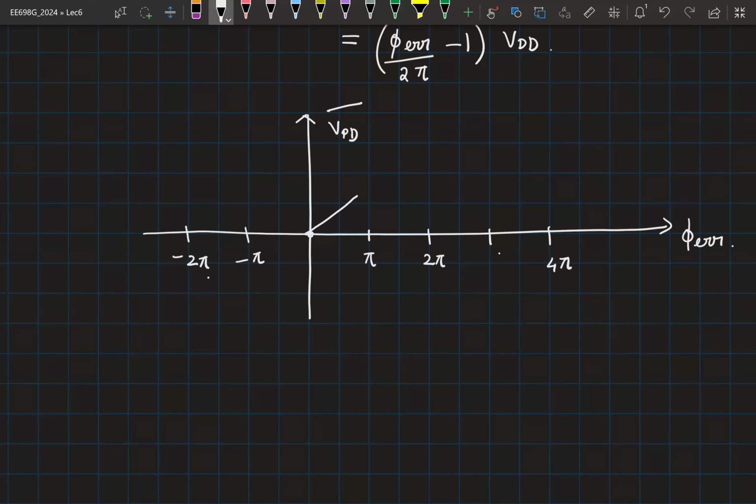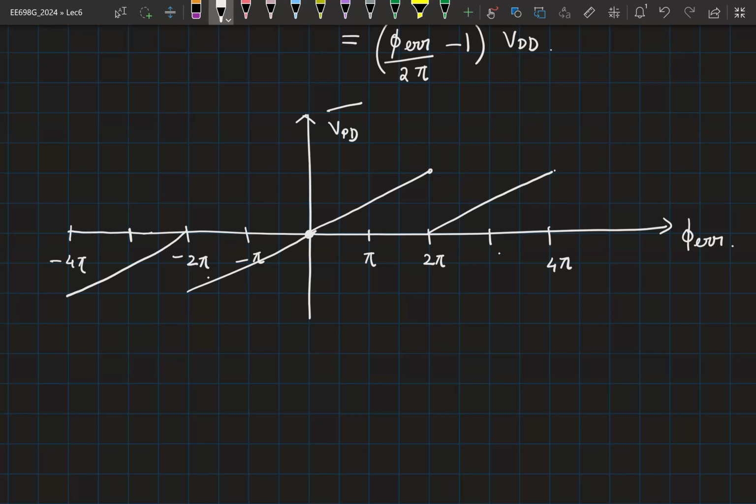From 0 to 2 pi, it will look like a straight line, right? Similarly, from 0 to minus 2 pi, it will be a straight line like this. Now from 2 pi to 4 pi, this is going to be your curve. Similarly, you can again try this as a homework. From minus 2 pi to minus 4 pi, your curve is going to look like this.